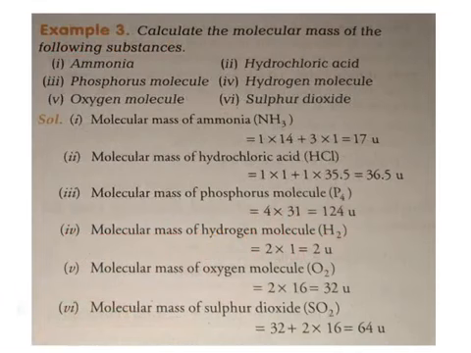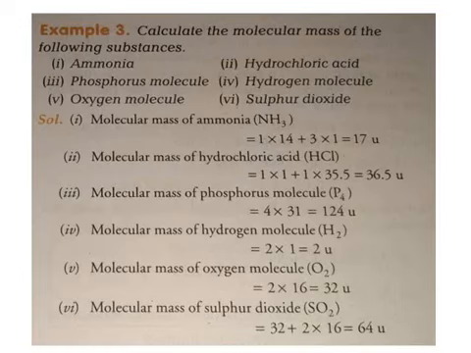Children, in this slide, I have given you some examples for calculating the molecular mass of ammonia, hydrochloric acid, phosphorus, hydrogen molecule, oxygen molecule, sulfur dioxide. You can see for ammonia it is NH3.